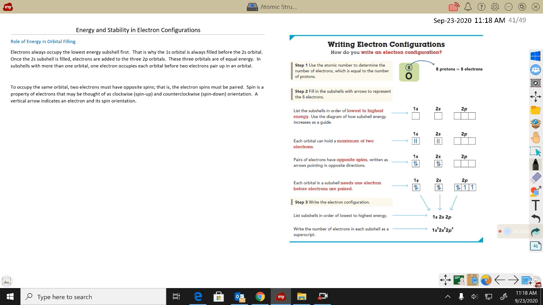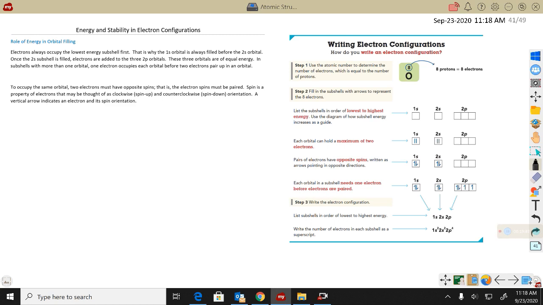We talked about this role of energy in trying to make particles stable. Electrons will always occupy the lowest energy subshell or the lowest energy orbital first. That's why we always start with the 1s, and then we move to the 2s and the 2p and so on.